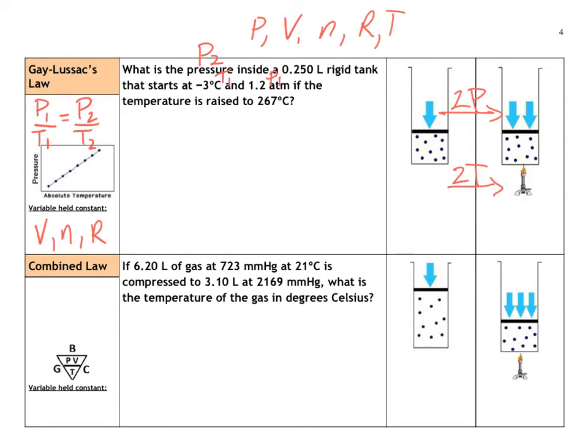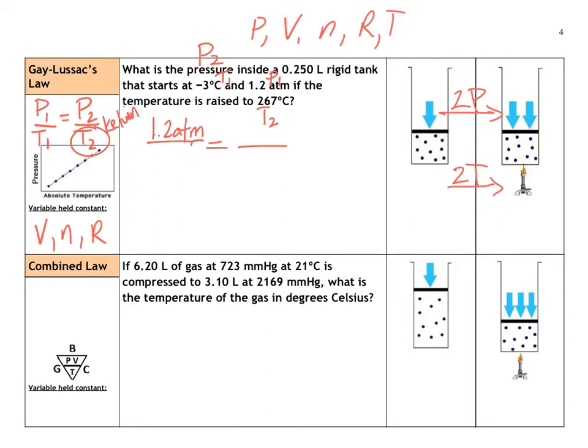And of course, it raises the temperature to T2. So go ahead and substitute it into Gay-Lussac's equation, starting off with P1, 1.2 atm. T1, reminder that temperature must be in Kelvin, so just reminding us that Kelvin is the unit we want.